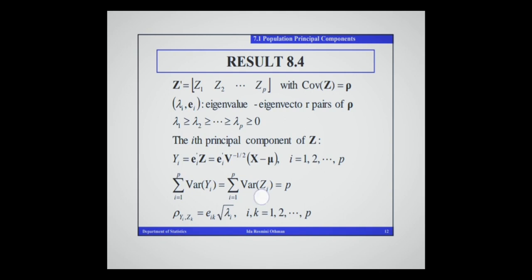Another one from the theorem is that we can find the value of rho yi zk, which is the correlation, or we can find which one of the z will contribute most to the y. Right?